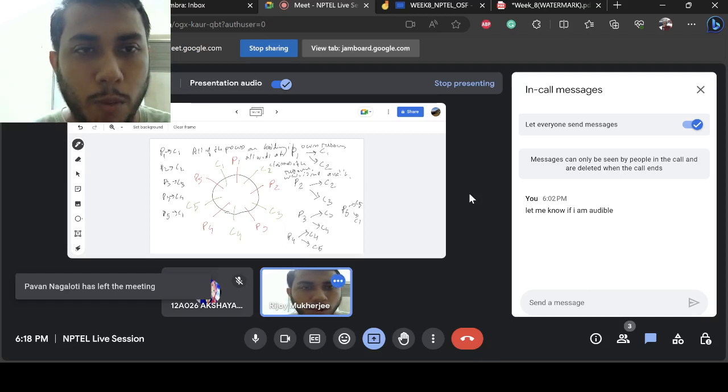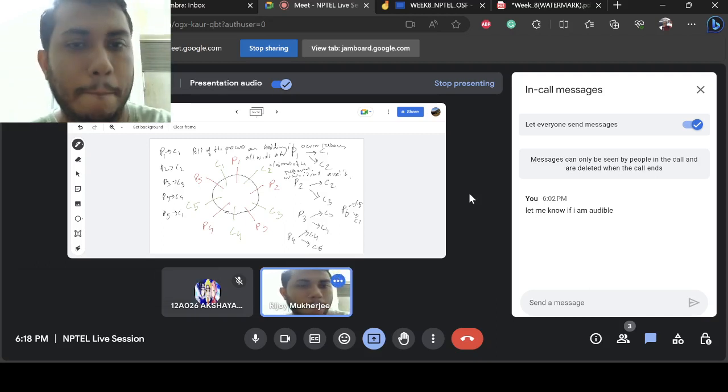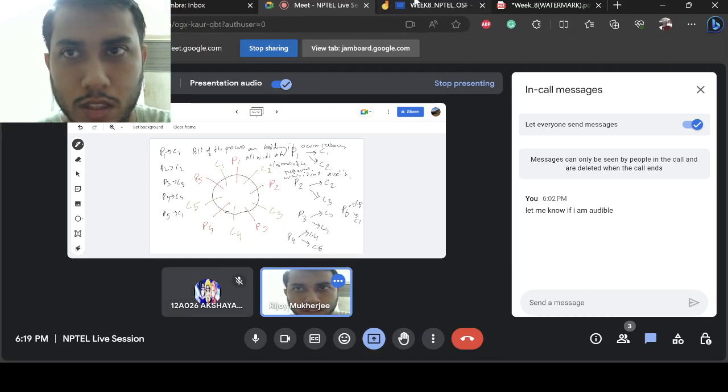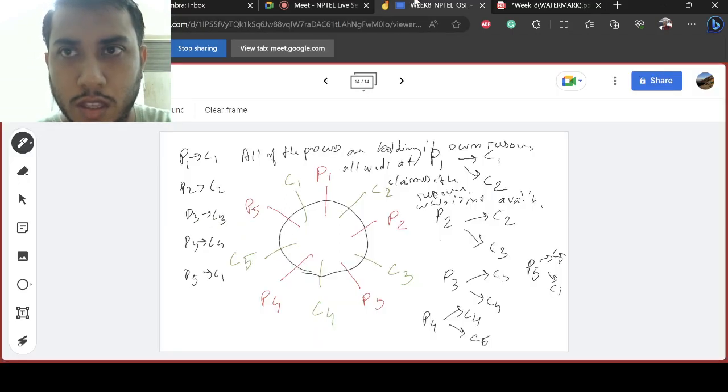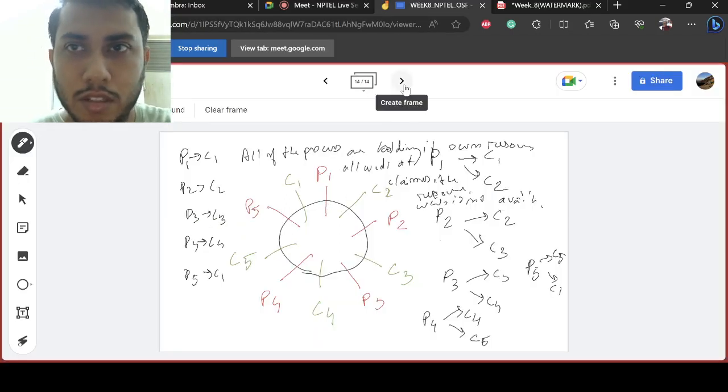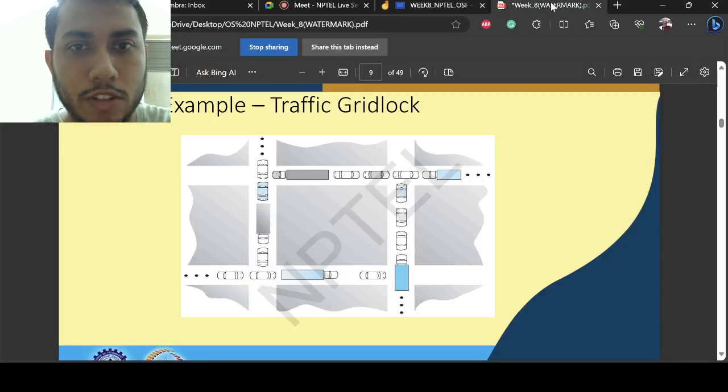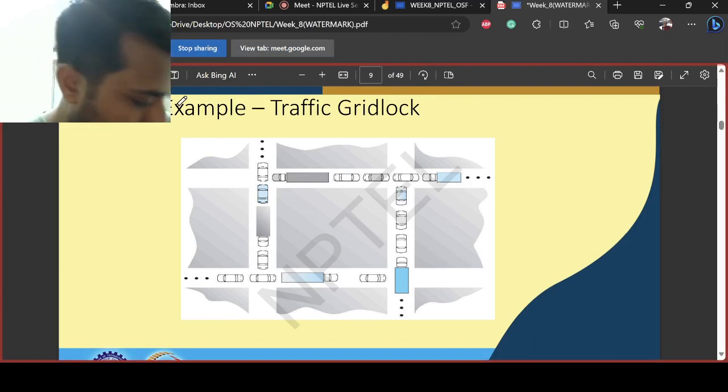That is the problem of how deadlock occurs. So that is the main crux of your deadlock.